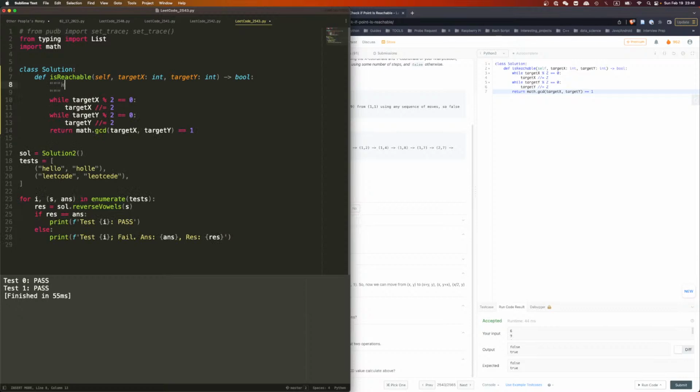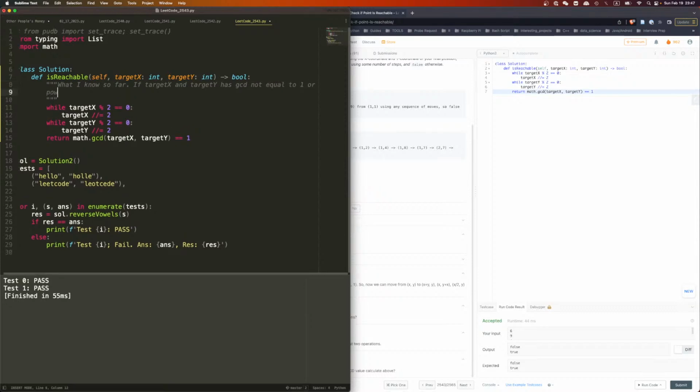Okay, what I know so far: if target x and target y have GCD not equal to 1, or a power of 2, it doesn't matter how we add them.